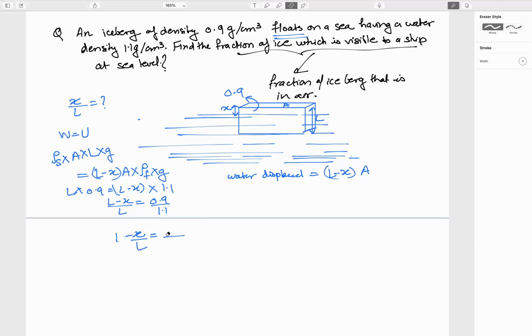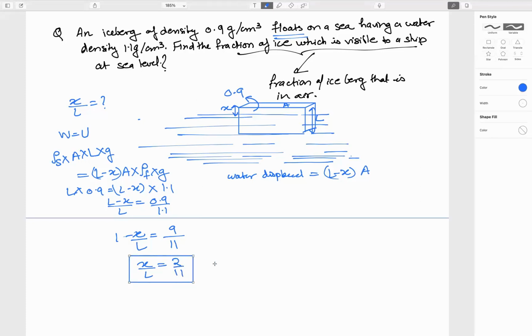That is 9 by 11, and X by L comes out to be 2 by 11. So the fraction that is visible to a ship is 2 by 11. What it means is, if the length of this iceberg is, let's say, 11 centimeter, then the visible part is just 2 centimeter.